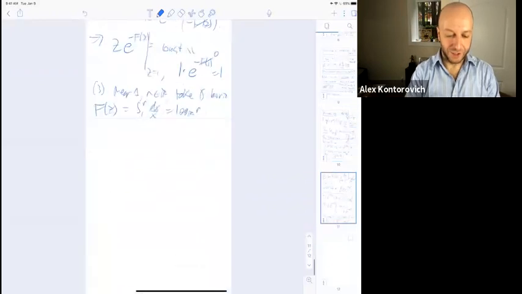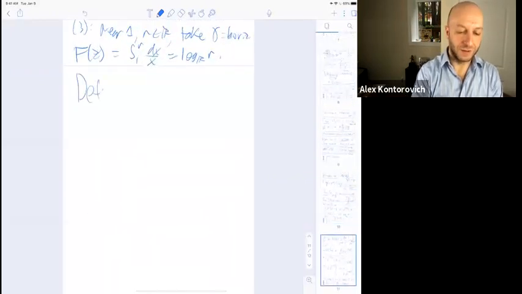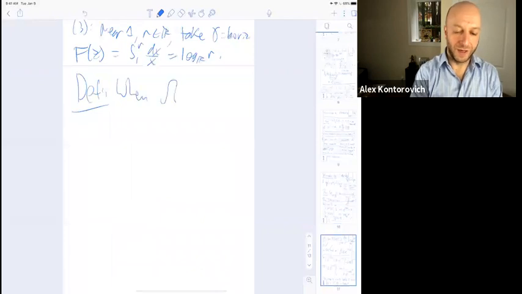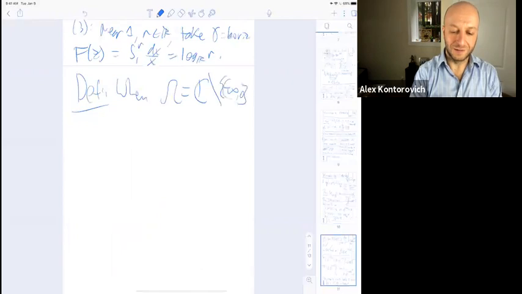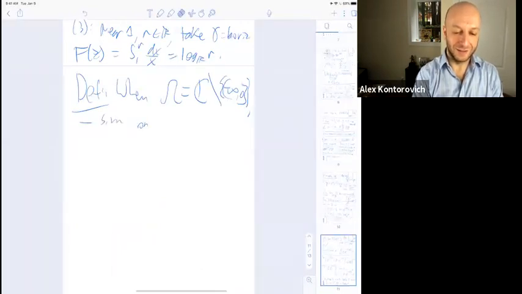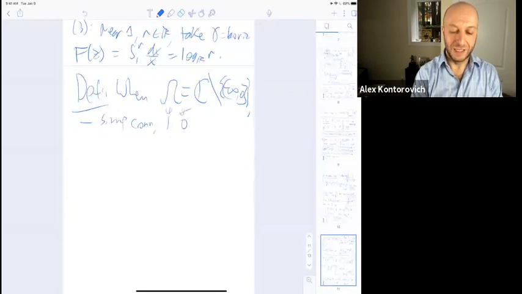Right, let's say definition: when omega is this slit plane, which is simply connected, 1 is in the slit plane, and 0 is not in the slit plane, that means we have a log on omega called the principal branch of log.